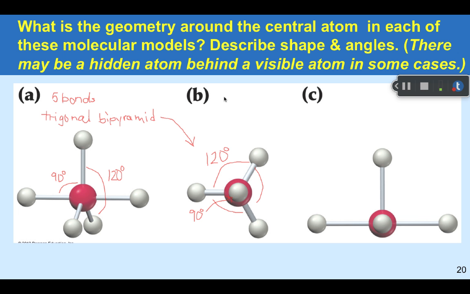In order for that to be the case, we certainly can see 4 bonds. Is there a 5th bond present? There could be one hidden behind the central atom. If there were a lone pair, it would end up being in the equatorial position. And so in this case, it's a total of 5 bonds.